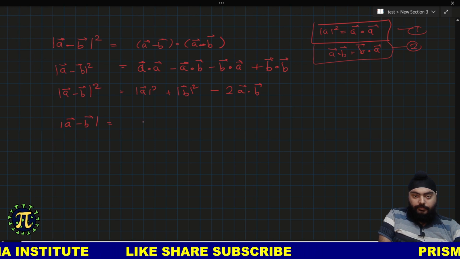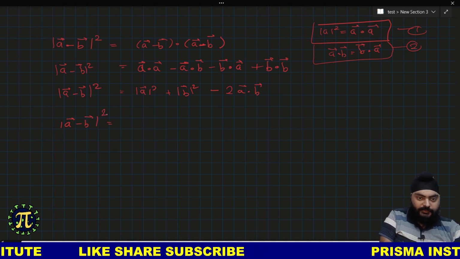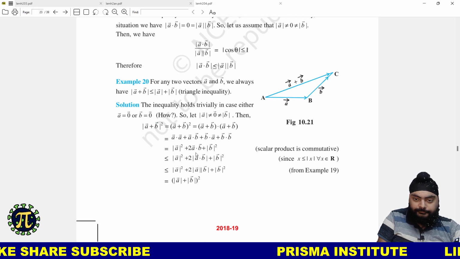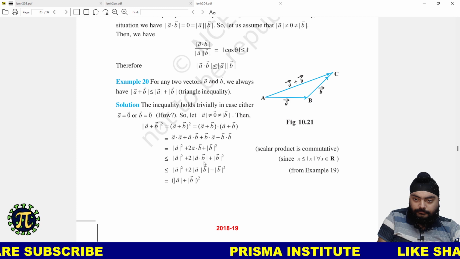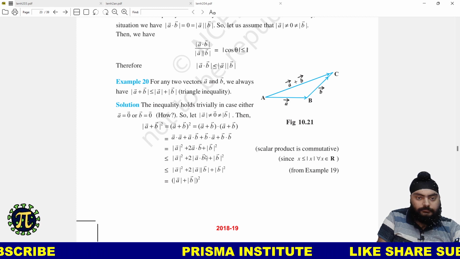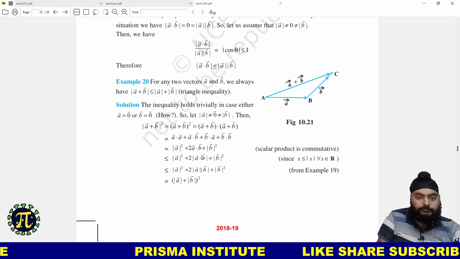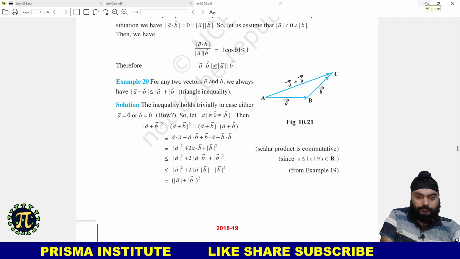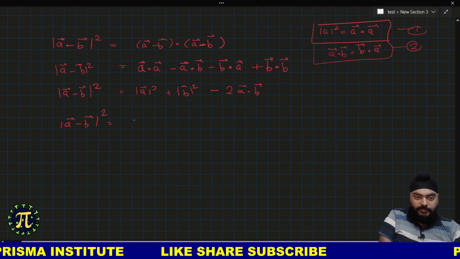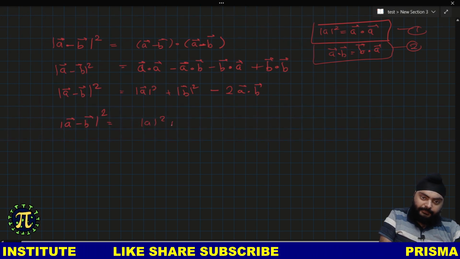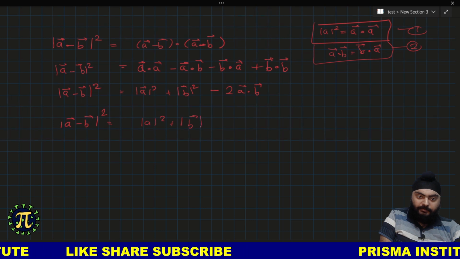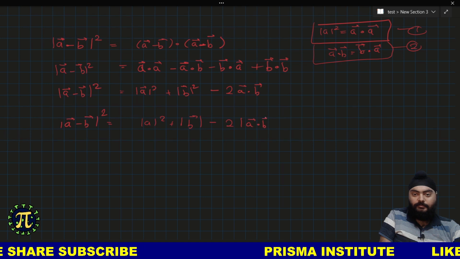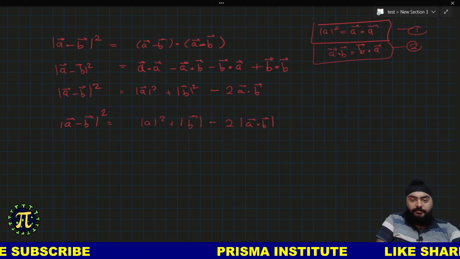Let's do one step first कि अगर मैं यहाँ पे A dot B की जगह सिंपली mod of A dot B लिख दूँ, ठीक है, so this is just I am taking the mod, तो कौन सा साइड बड़ा होगा?